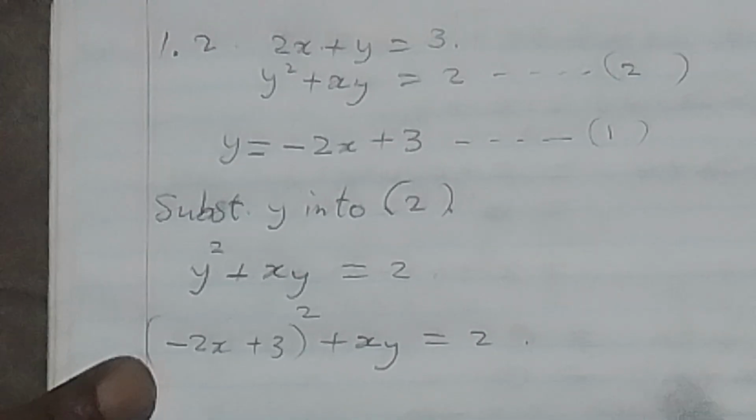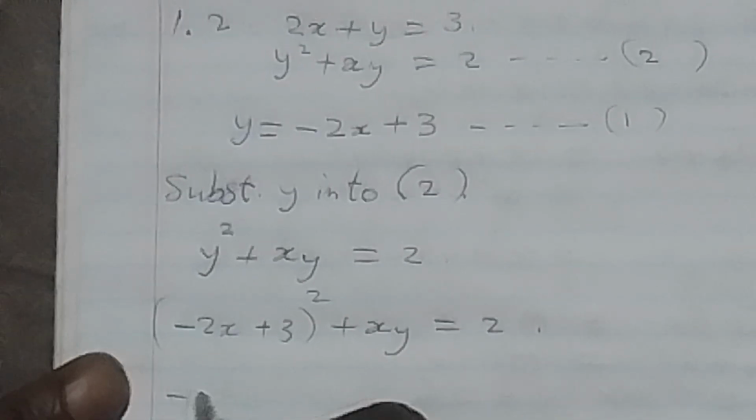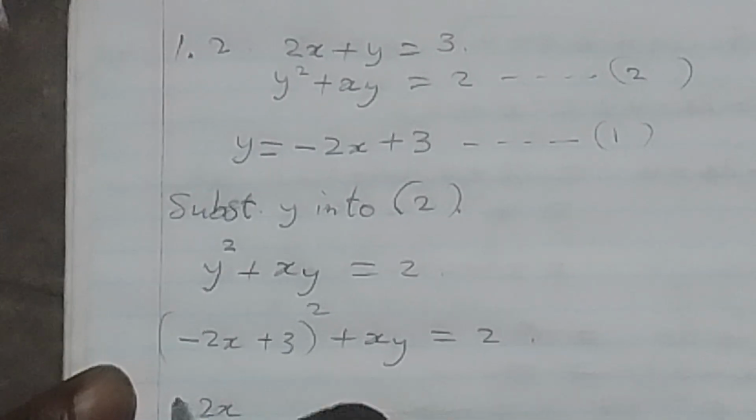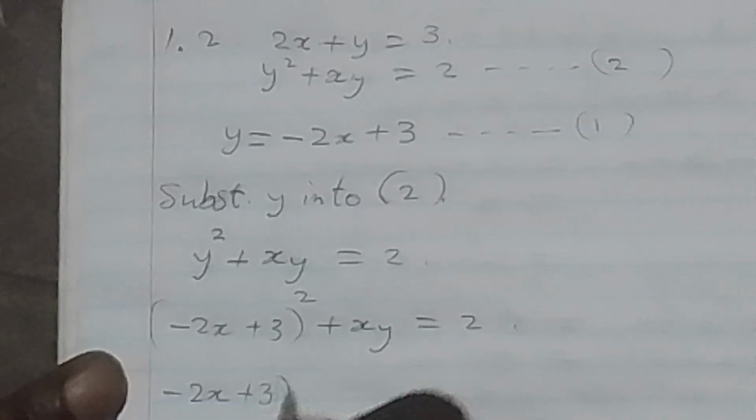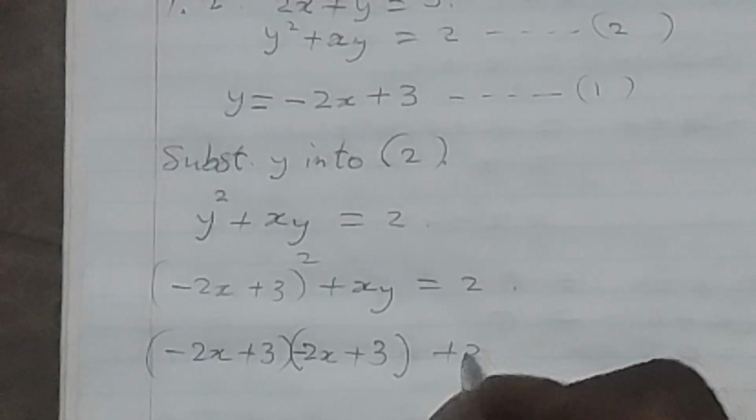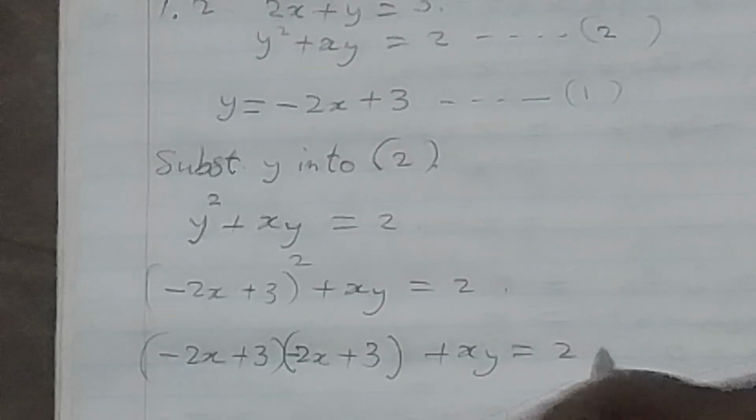I multiply these two, minus 2x plus 3, repeating it, minus 2x plus 3, plus xy equals 2. When I distribute to multiply these two brackets, a negative times negative is positive 4x squared. This one and that one is negative 6x.